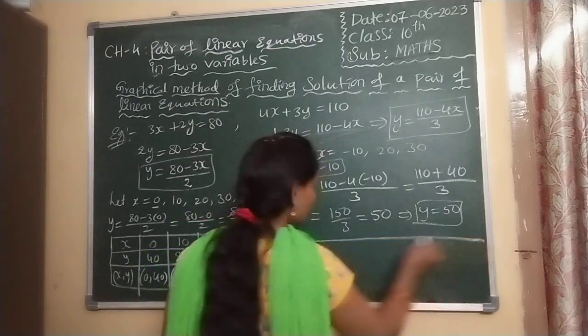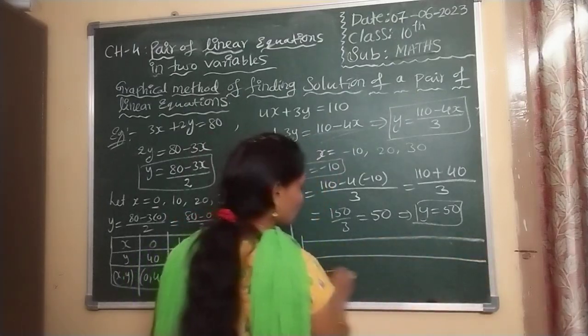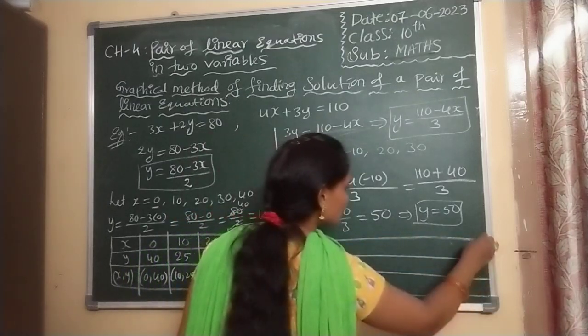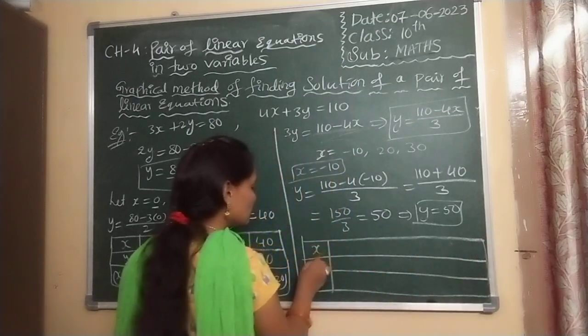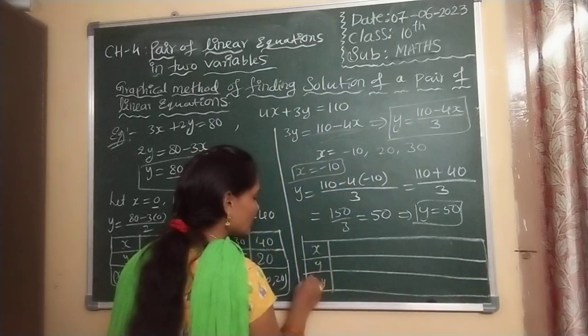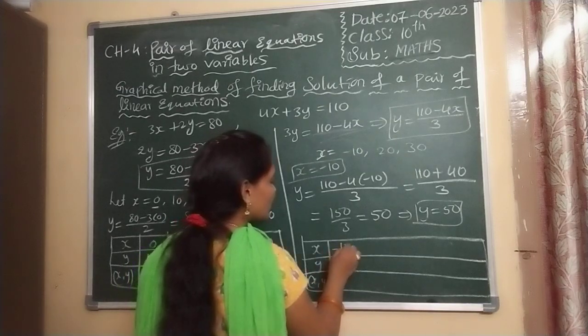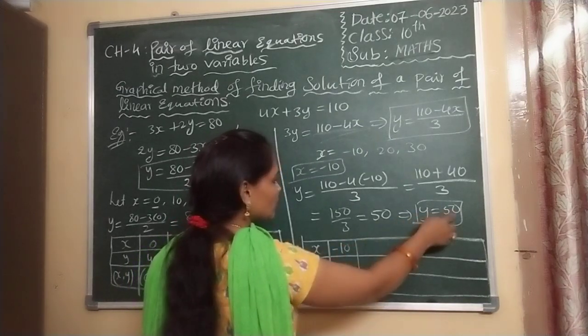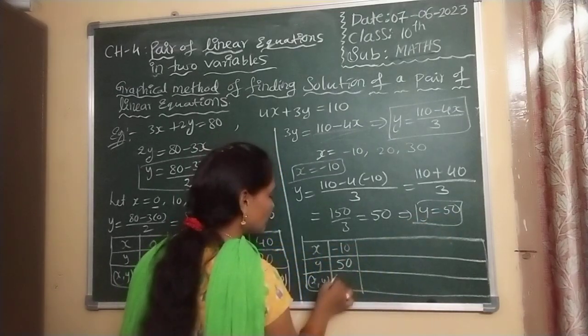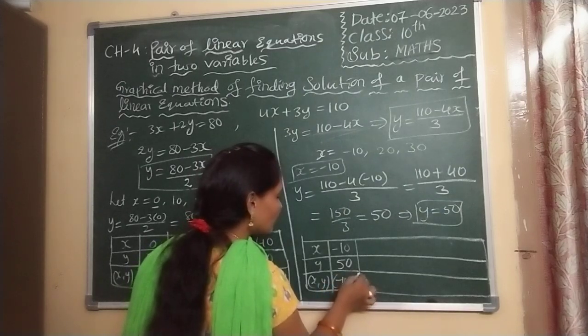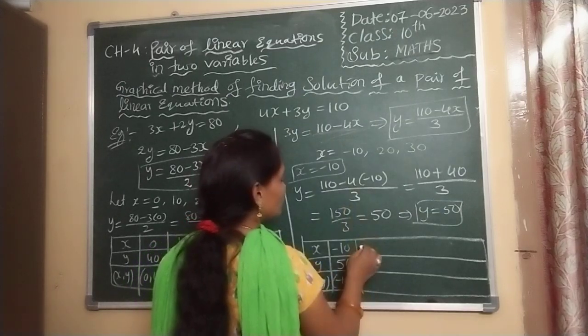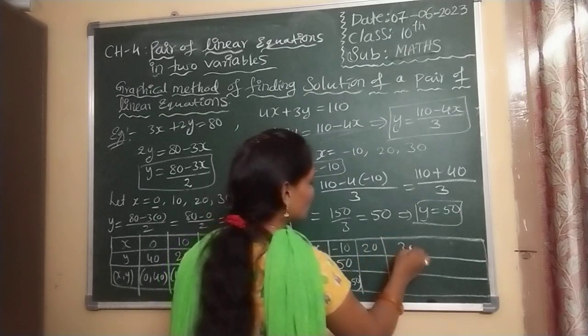Now I am taking a table of x, y, x comma y. Here minus 10. If you substitute minus 10, y is equal to 50. Minus 10 comma 50. Next 20, next 30.